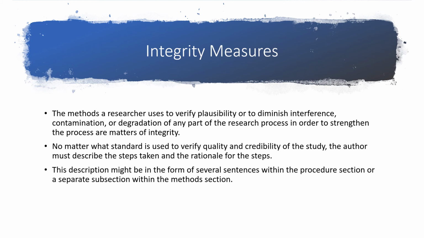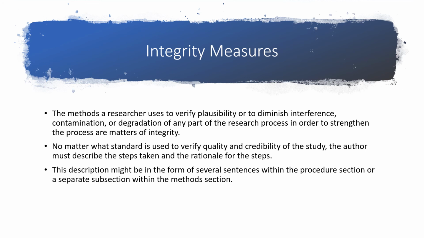This description might be in the form of several sentences within the procedure section or a whole separate subsection within the methods section. It really depends on how important. So if you're doing a lot of statistics work in a quantitative study, you might have a full section on integrity measures which talk about truth values and those issues, which I won't go into because once again, this is not a methods class.